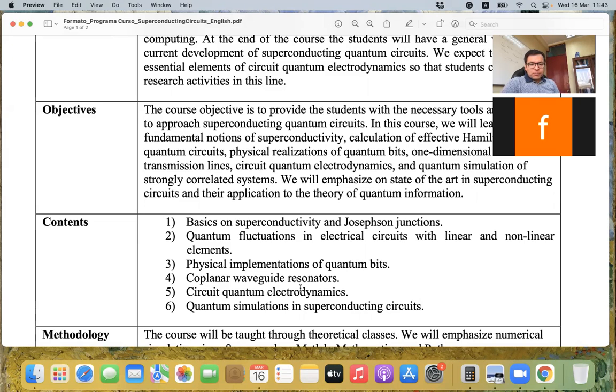And this is important because later on in topic 5, we will put together quantum bits interacting with the coplanar waveguide resonators or LC resonators, so that we will start talking about this topic of circuit quantum electrodynamics, where essentially we have light-matter interaction using superconducting systems, okay?